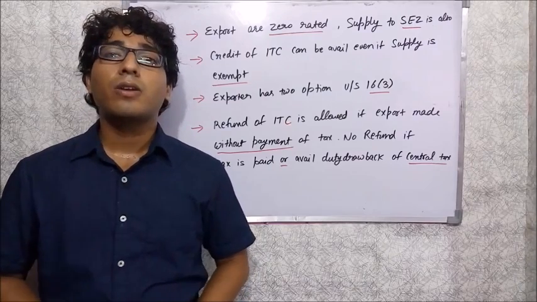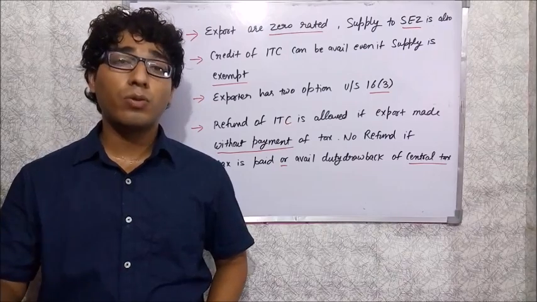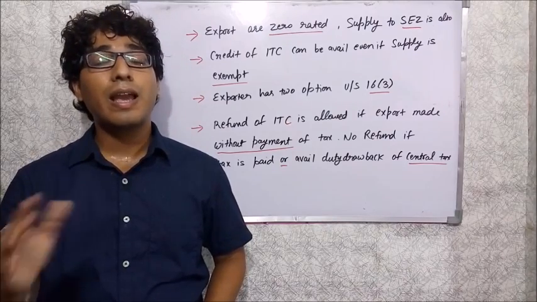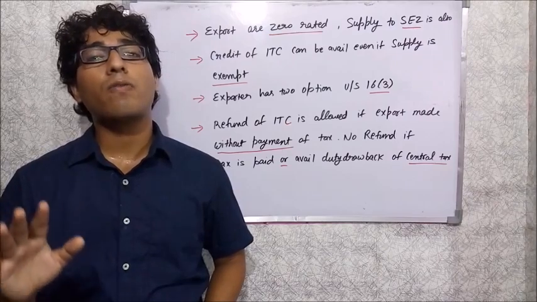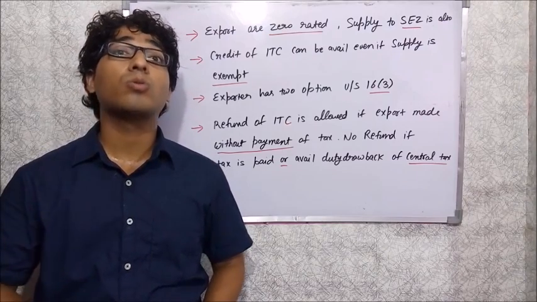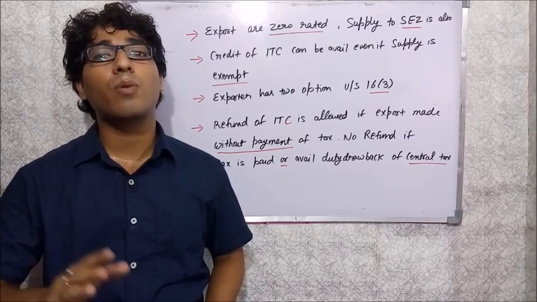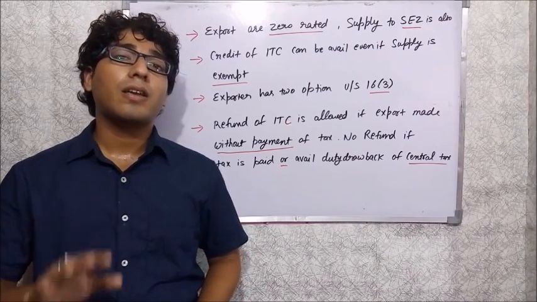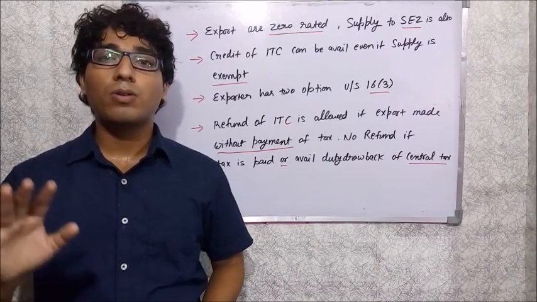The first is that you can export your goods without payment of duty, and in that case you have to furnish either a bond or a letter of undertaking to the Government of India.